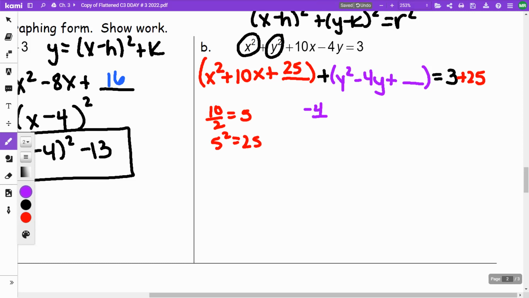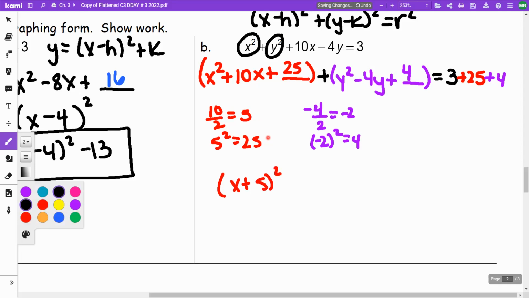My negative 4, I'm going to take half of negative 4, which is negative 2. I'm going to square negative 2, which is 4. So that's going to go here and here. And then when I'm writing this, this x squared plus 10x plus 25, half of 10 is 5, so this is going to be (x plus 5) squared, plus, and then this is going to be a y, and half of negative 4 is negative 2, so (y minus 2) squared.